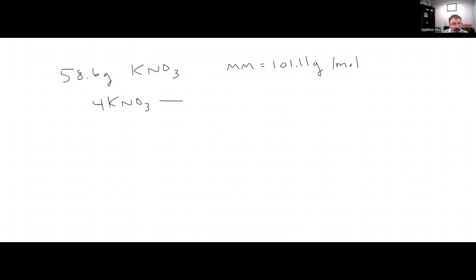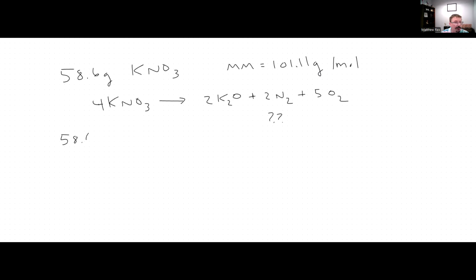Decomposes and gives us that right there. So we want to know how many moles of nitrogen, the N2 here, are we going to get if we decompose this much potassium nitrate? So we need to find out how many moles of potassium nitrate we have.